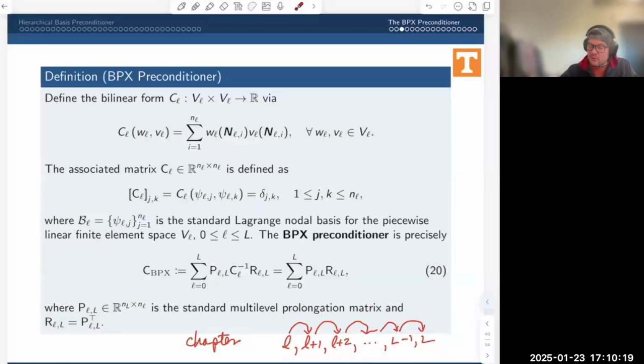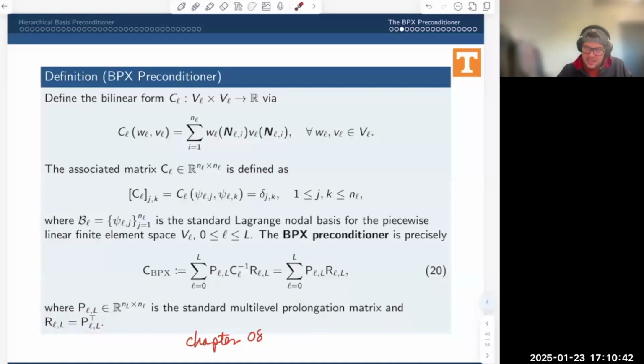Restriction and prolongation from chapter 8 were defined in that way through transposition. So these are the multi-level prolongation and restriction matrices that we derived in, I forgot to say it, chapter 8. Okay, so those are things we've seen before.